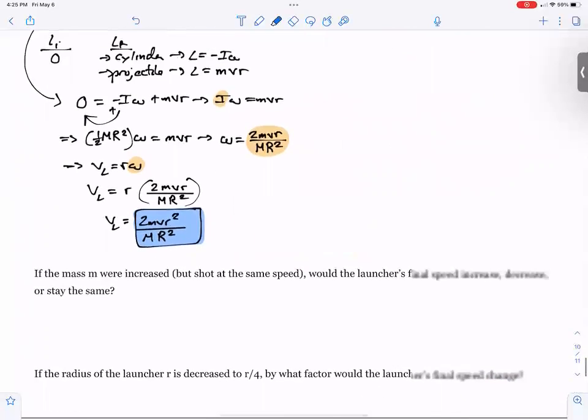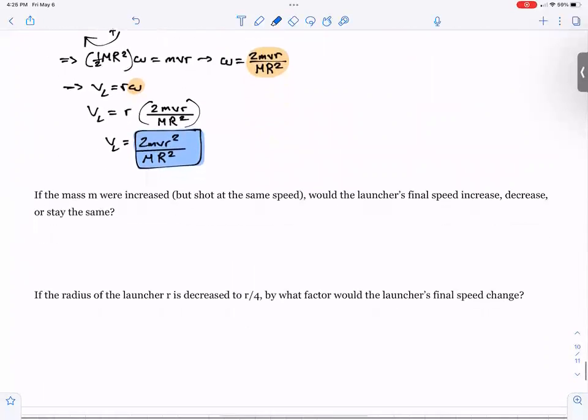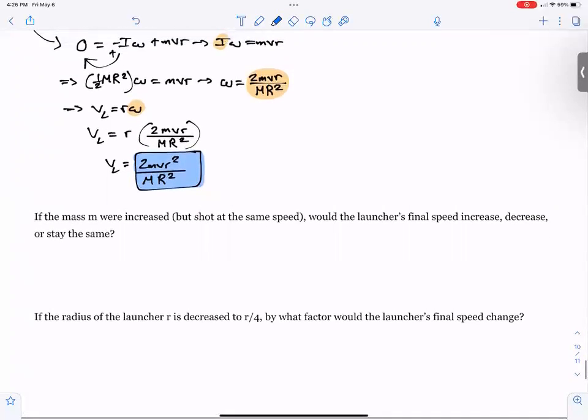If the mass were increased but shot at the same speed, would the launcher's final speed increase, decrease, or stay the same? So what do we know about this? Take a look at the relationship here. The speed of the launcher is directly proportional to the mass of the projectile.